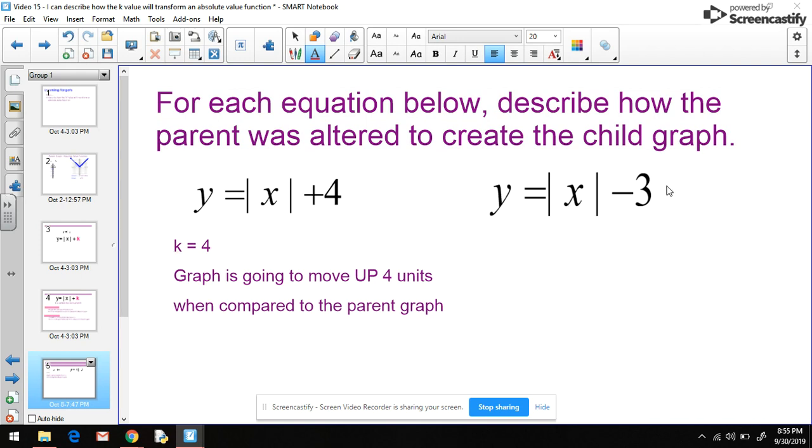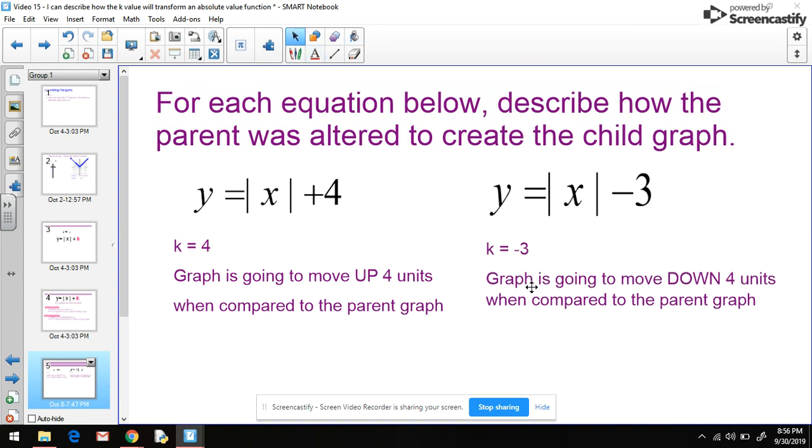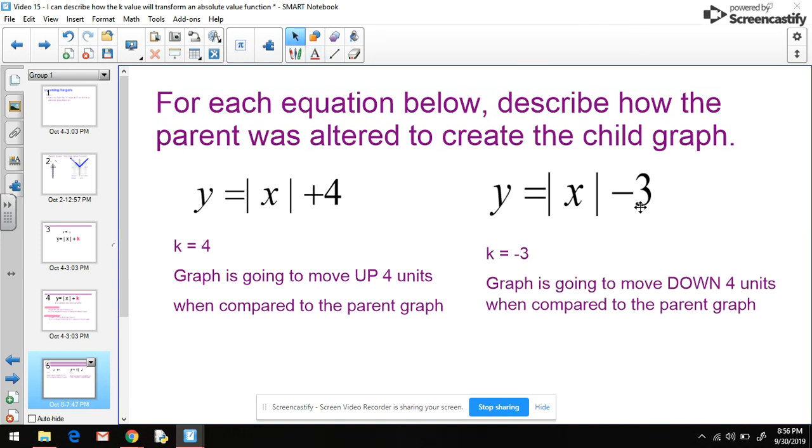Then here in this next one, I can see that k is equal to -3. And what that tells me is the graph is going to move down 3 units when compared to the parent graph. So we can clearly see when k is going to move up and when k is going to move down just based on that value being positive or negative.